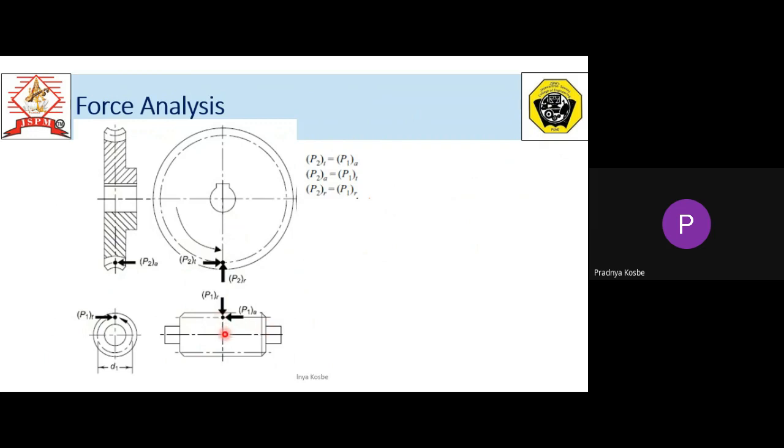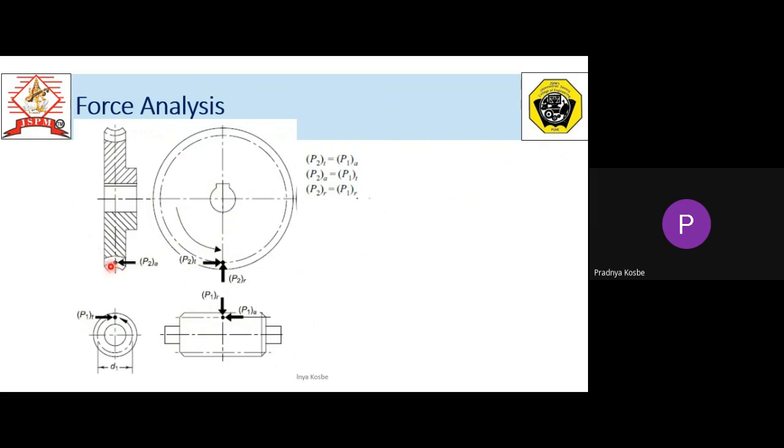So P1R is the radial force acting on the worm, P2R is the radial force acting on the worm wheel, P1A acts along the axis direction of the worm, that is the axial force on the worm, and P2A is the axial force on the worm wheel acting along the axis of the worm wheel.